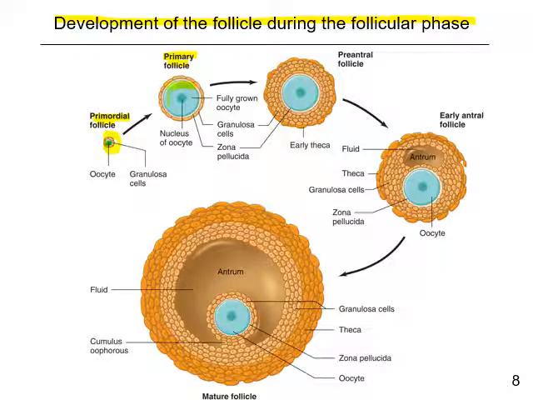The oocyte becomes fully developed. It is surrounded by a layer called the zona pellucida. The zona pellucida surrounds the oocyte, and surrounding that is a layer of granulosa cells.